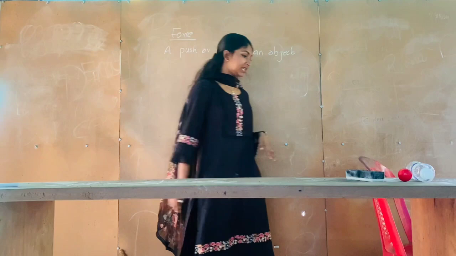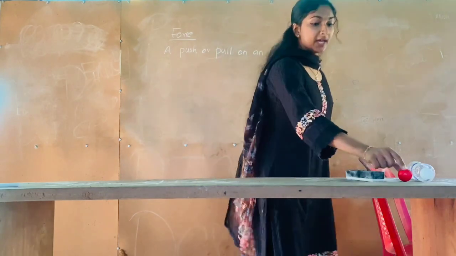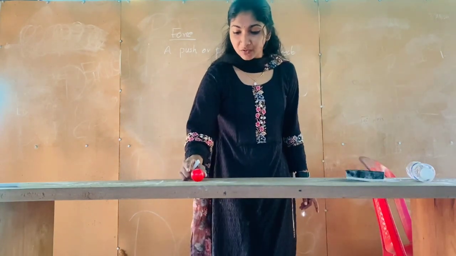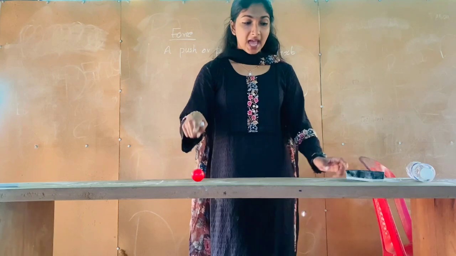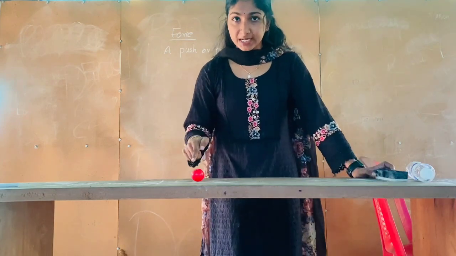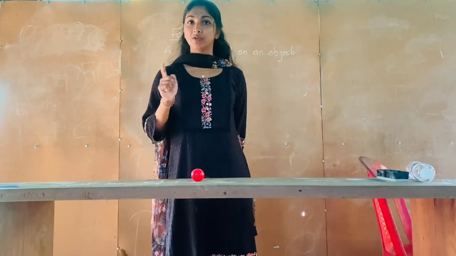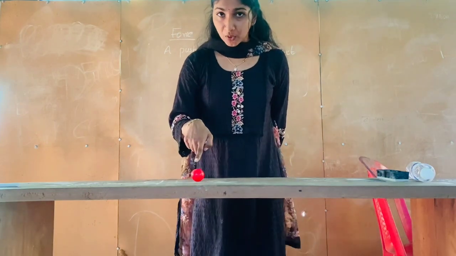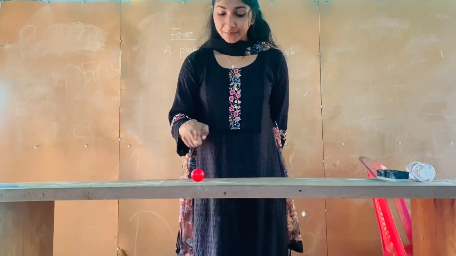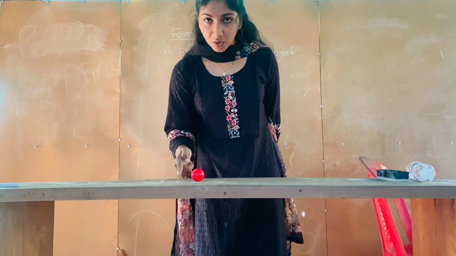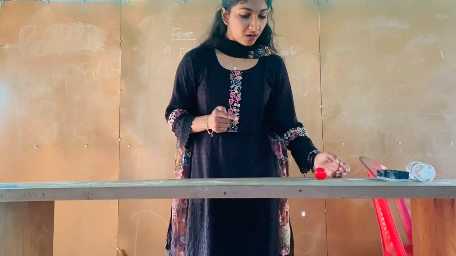The first effect is, an object which is at rest can be set into motion on the application of force. That is, this ball is initially at rest. If I apply a force on this ball, it will move.